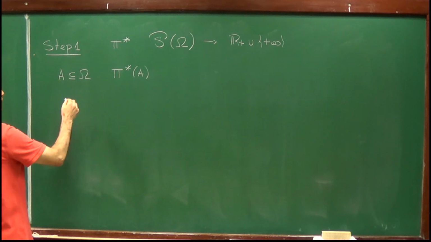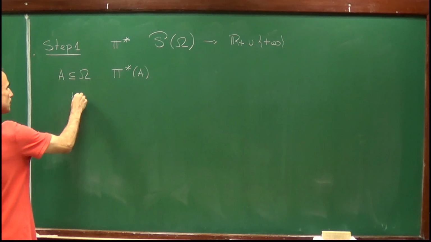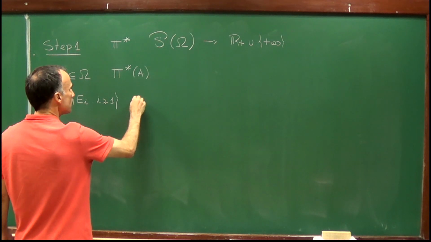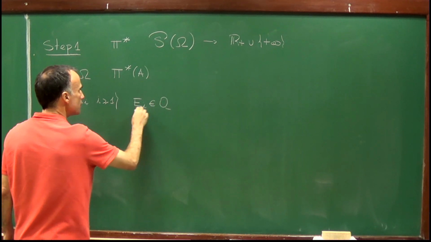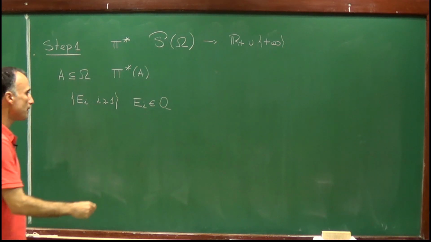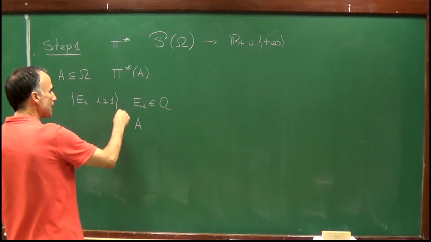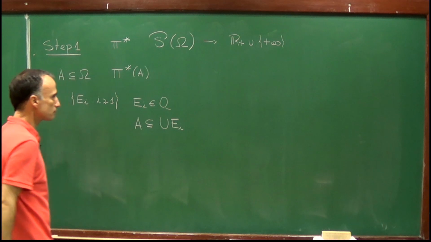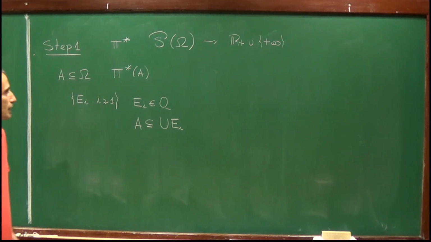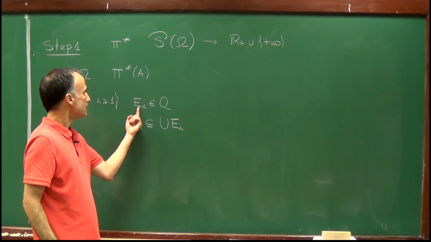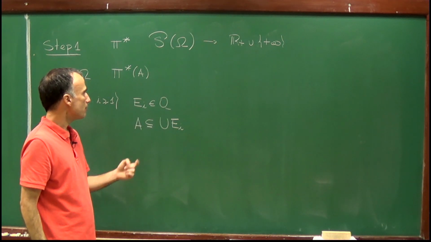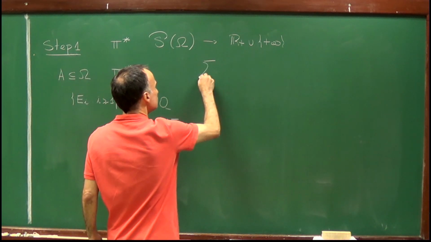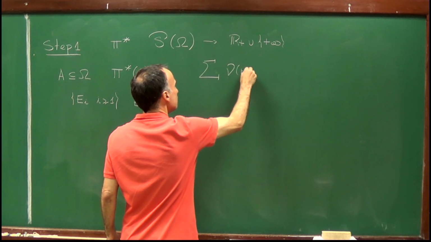Well, consider a countable class of sets which belong to the algebra. So each E_i belongs to the algebra, and consider this class in such a way that the set A is contained in the union. Since E_i is an element of the algebra, nu of E_i is well defined. Let's take the sum of nu of E_i.